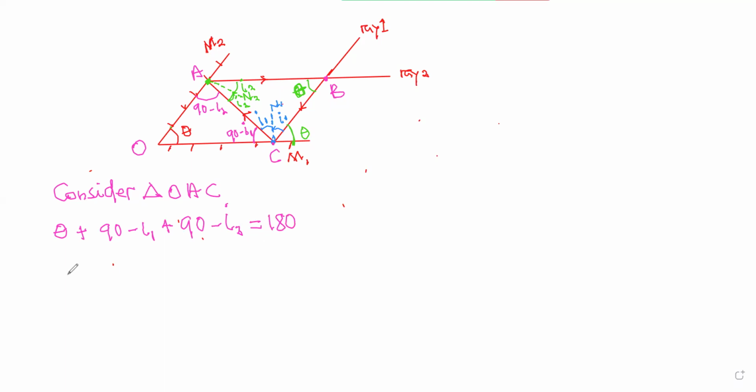Okay, so we have theta plus 180 minus I1 minus I2 equal to 180 degrees.